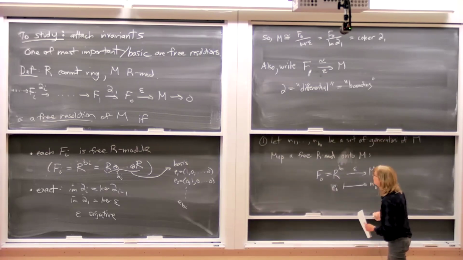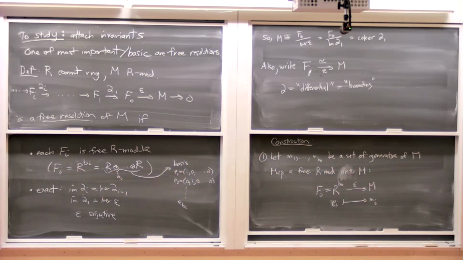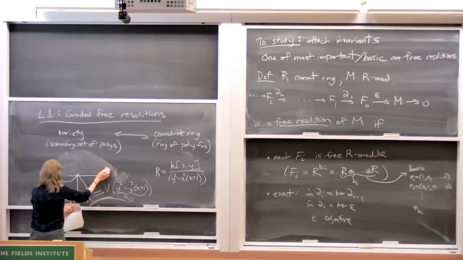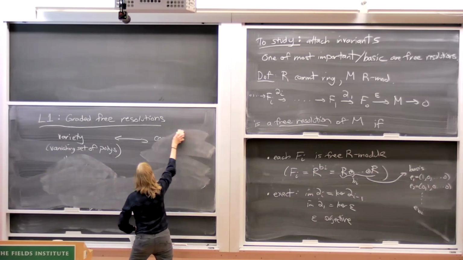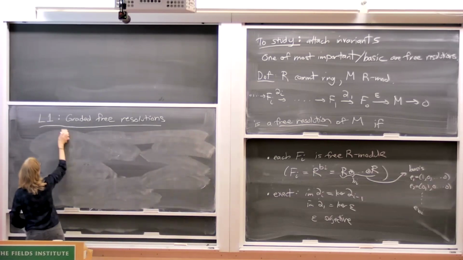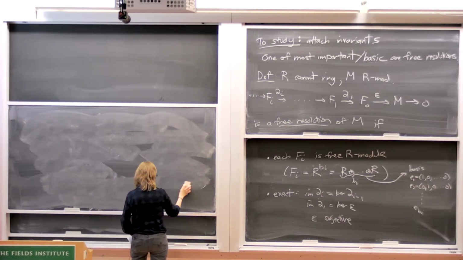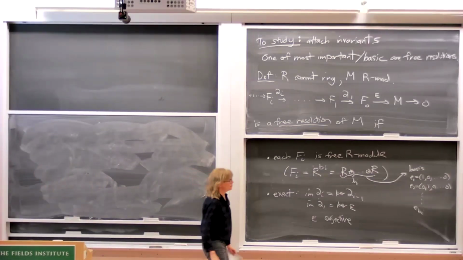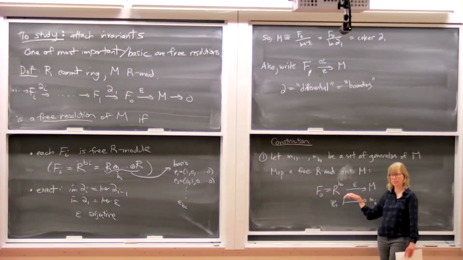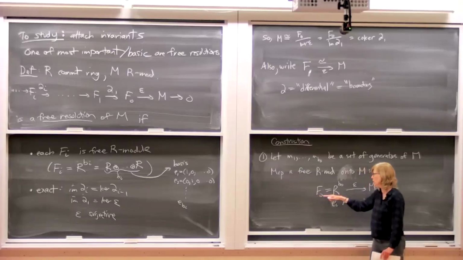All right, and then you look at what you've got. And so now you want to make something exact, so that the image of it is the kernel of this map. So you want to put an F1 here so that the image of F1 is the kernel of the next map.